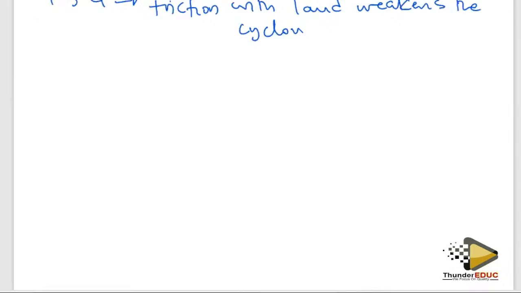So you could say friction with the land weakens the cyclone. That's one point.